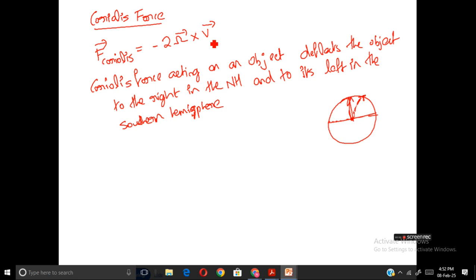Okay, so yeah, that is Coriolis force. So you can calculate. This is basically the cross product.